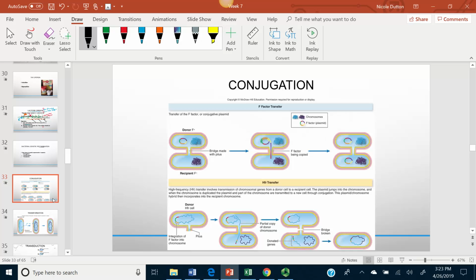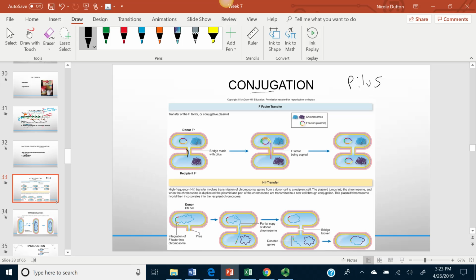Conjugation is kind of like bacterial mating. What happens during conjugation is you have a pilus, and if you remember from the bacterial lecture, I talked about a pilus being like a mini penis. So this pilus grows from one cell into the neighboring cell.